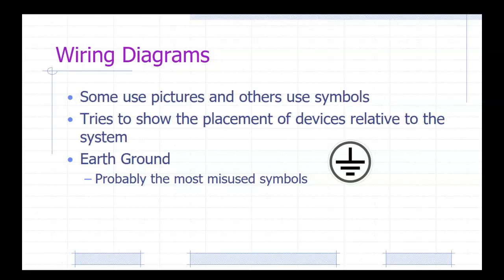What was one of the earliest things we ever grounded, by the way? Anybody know? What was the biggest problem they used to have way back before electricity was really put into houses? Most houses are made of what? Wood, which is very flammable. Think about the weather we have here, all the lightning storms. There's a reason they invented the lightning rod. And what did the lightning rod do?